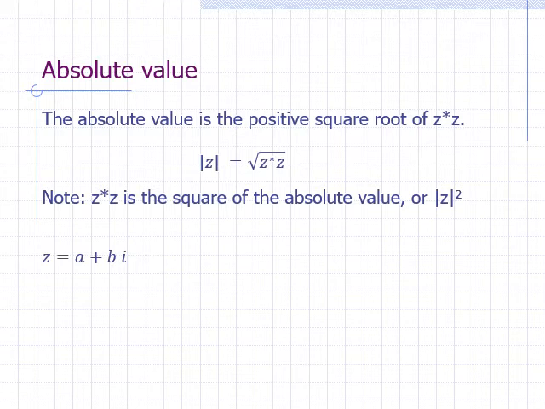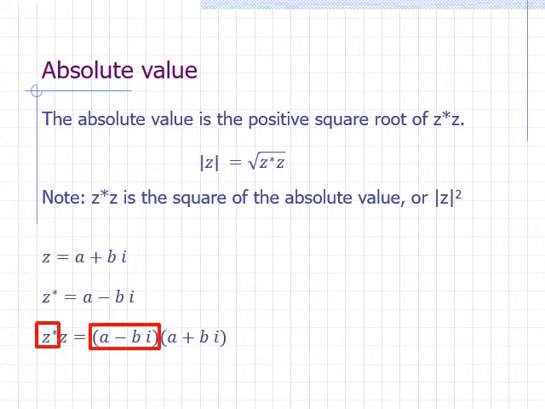Well, we know z star is a minus bi. Therefore, z star times z is equal to a minus bi times a plus bi. This is just a product of a difference of two things and their sum. We know from algebra that this would be equal to the difference in the squares.